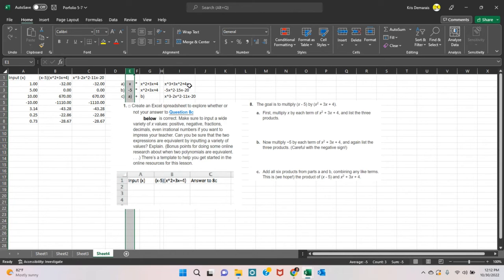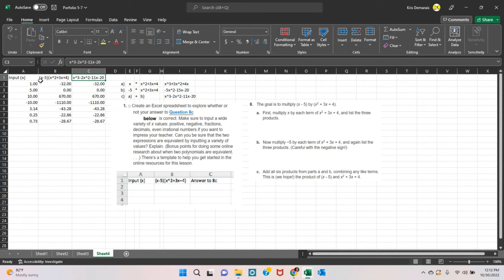And then it's positive 4x minus 15x equals -11x. And then you have a -20. That'll give you the term that we have to put here. These are going to match.